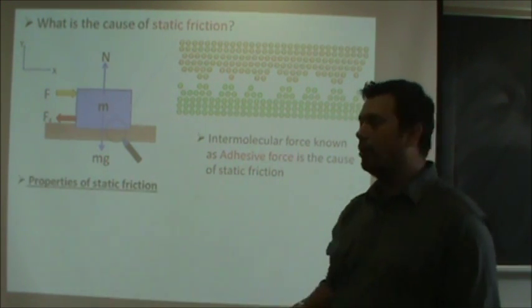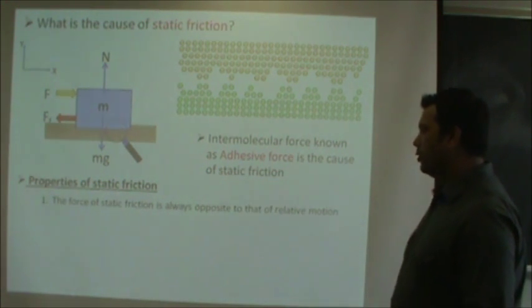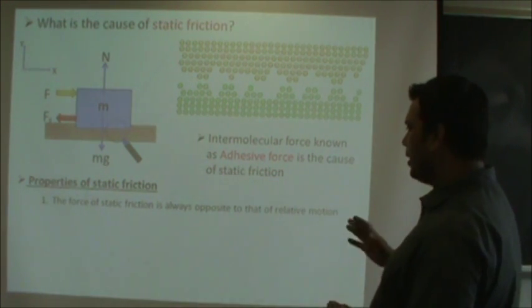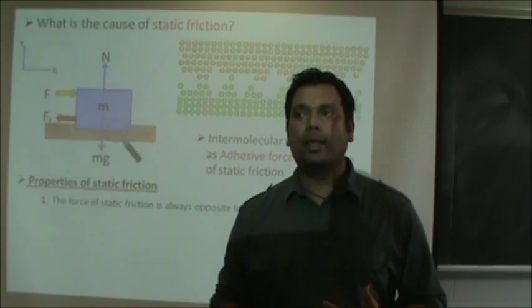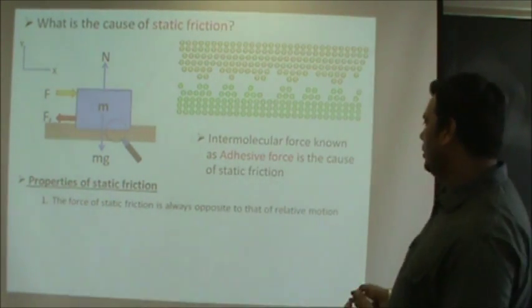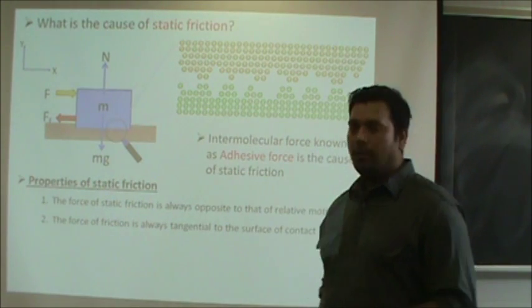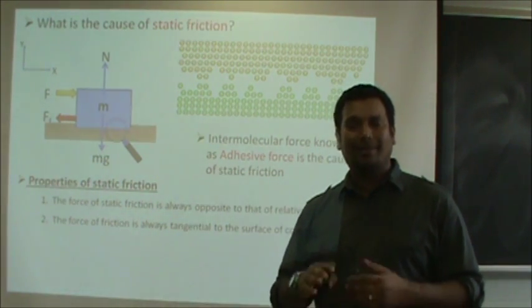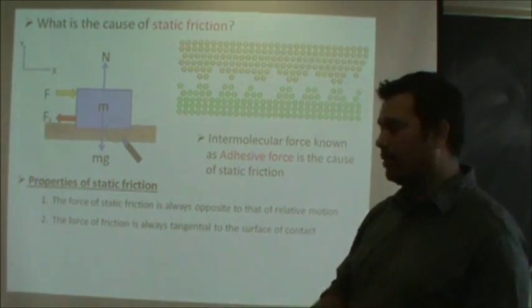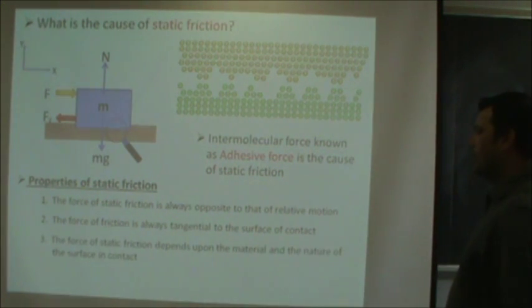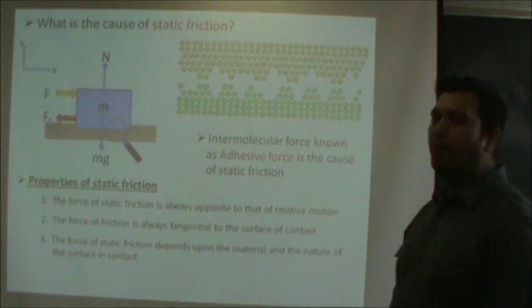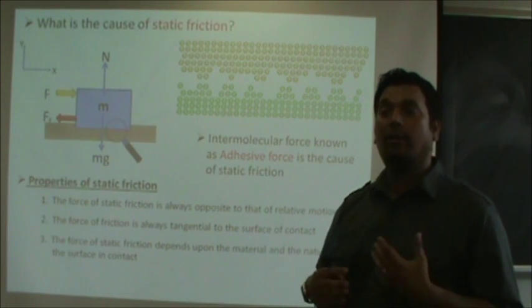Let's see some other properties of static friction. The first property is that the force of static friction always acts opposite to the direction of relative motion. Second, this friction force always acts tangential to the point of contact. Third, the force of static friction depends upon the nature of the material.